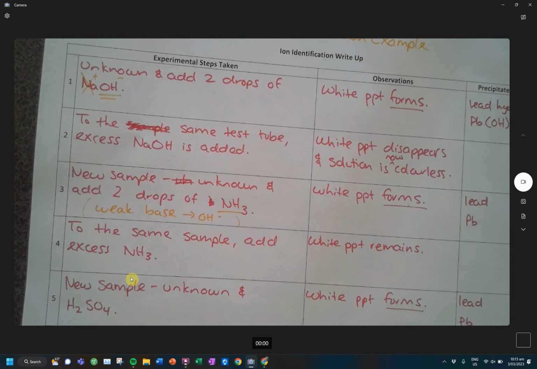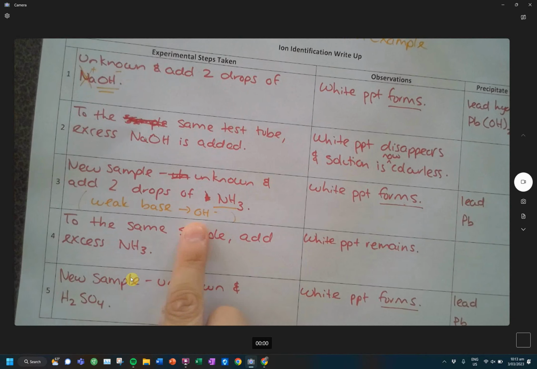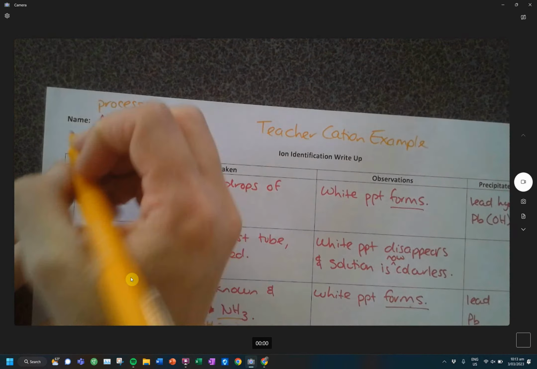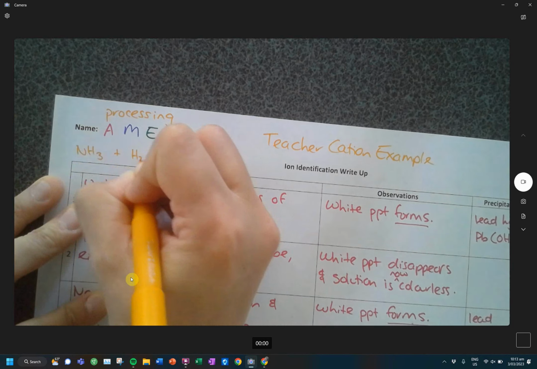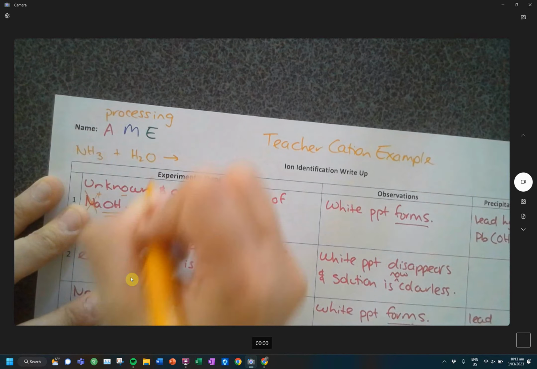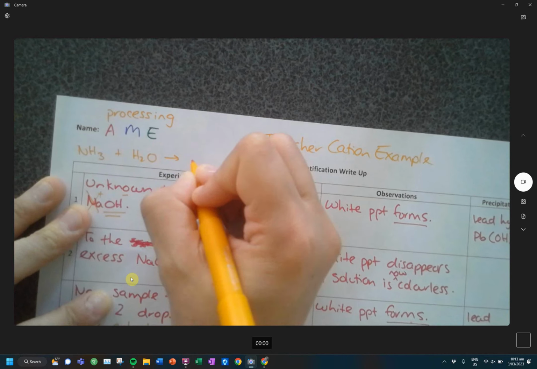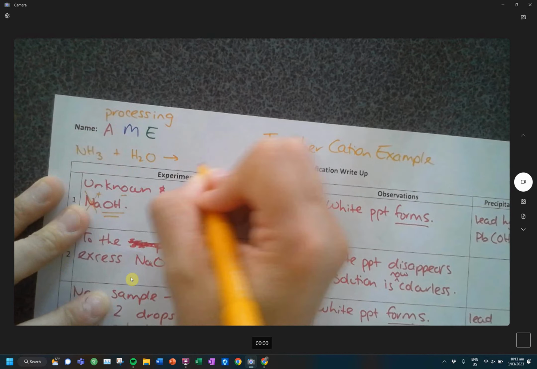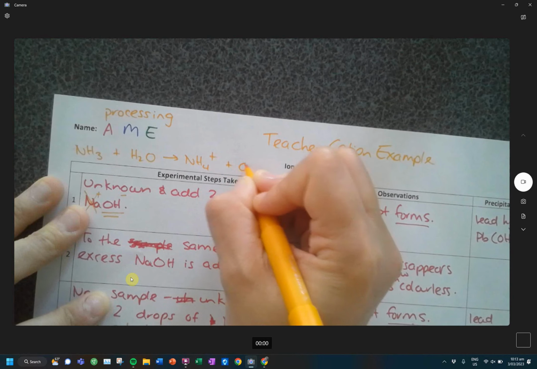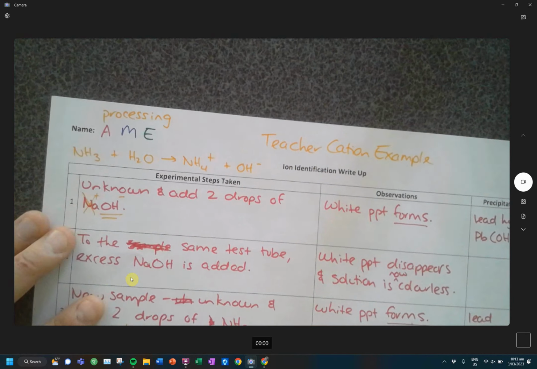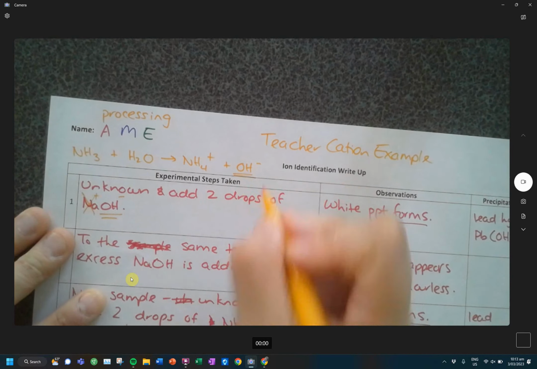Let me write out the equation so you understand where this hydroxide is coming from. So when I add ammonia to water, the ammonia reacts with the water and forms the ammonium ion. And the other thing it forms is the hydroxide. So that's where this hydroxide is coming from.